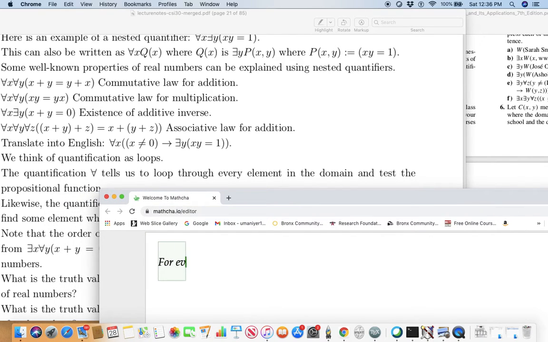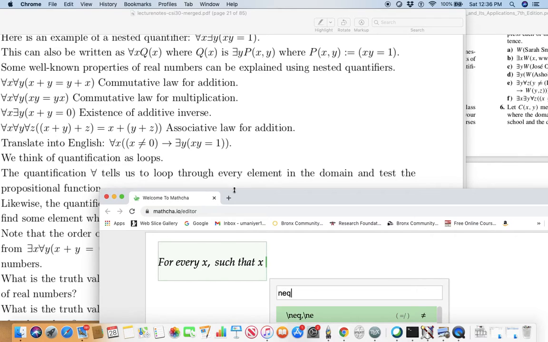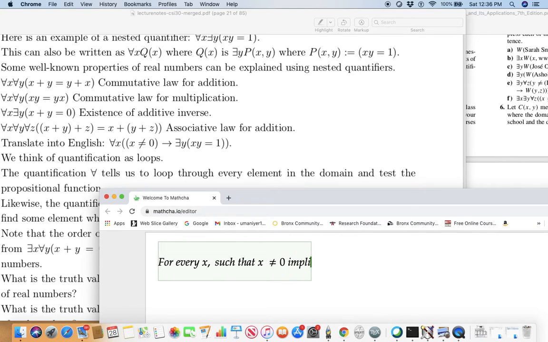For every x such that x not equal to 0, implies, or such that, if you want, if x is not equal to 0, then there exists a y such that xy equals 1.